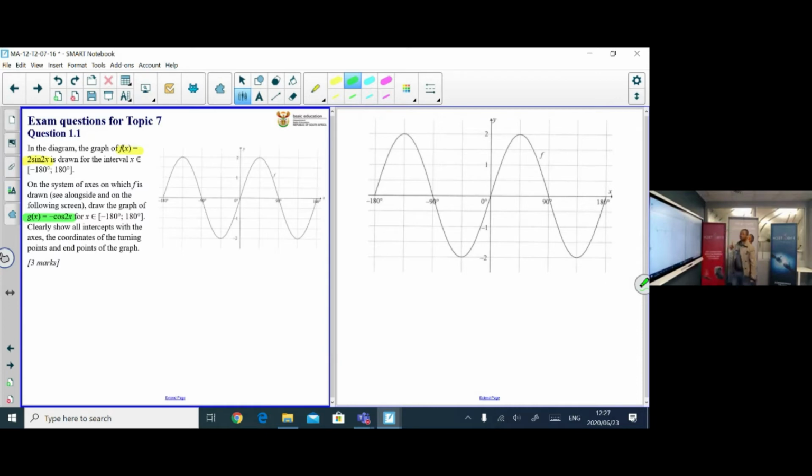And it should be a walk in the park for you, because you should generally know the shape of the cosine graph.